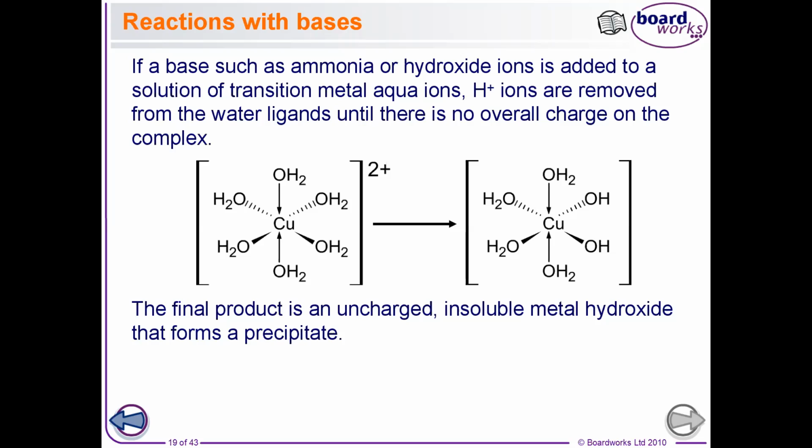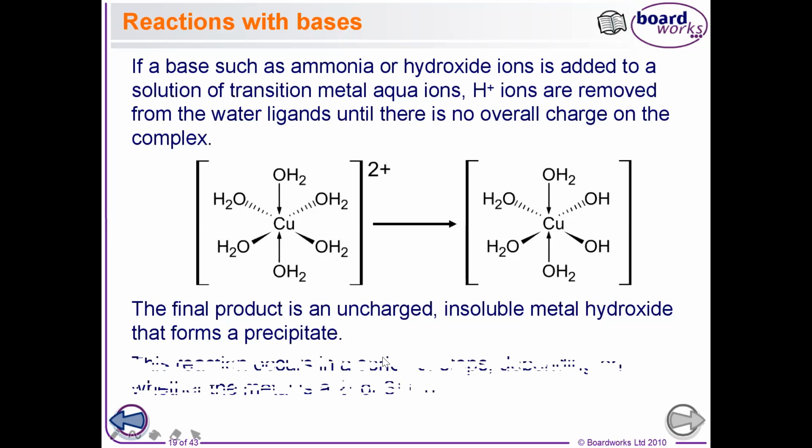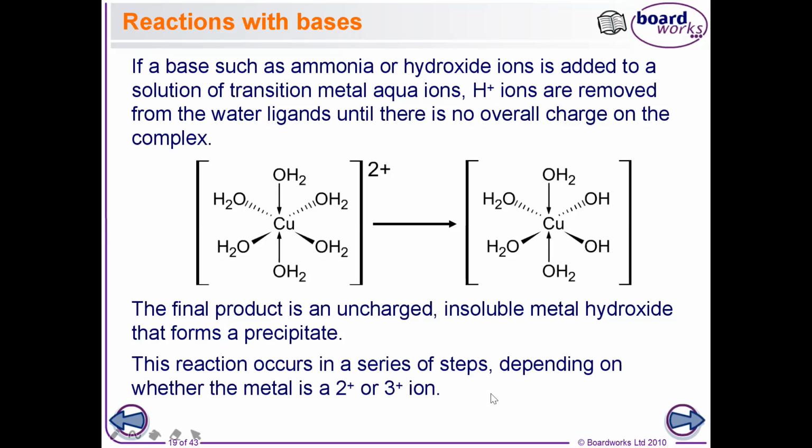For example, if you have a copper aqua complex and you add ammonia, it will produce a precipitate of copper hydroxide. This reaction occurs in a series of steps, depending again on whether the metal is a 2 plus or 3 plus ion.